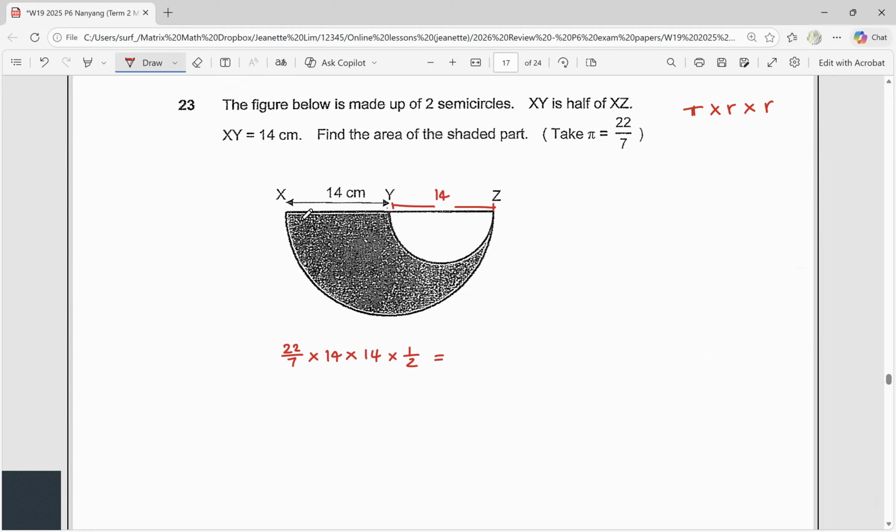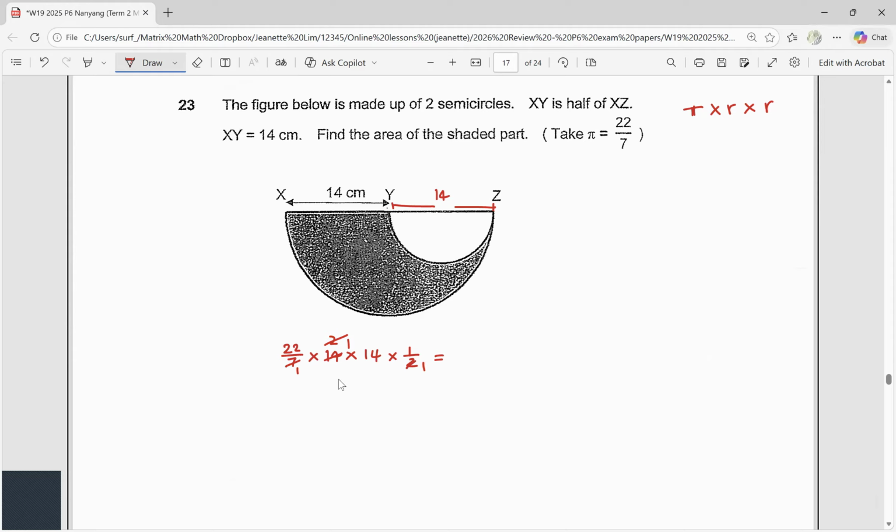Okay, the big one is semicircle. So since this is still paper 1, no calculators allowed, right? You simplify to 7 and 14. Okay, then the 2 half, you can also cancel, let's cancel this 2.